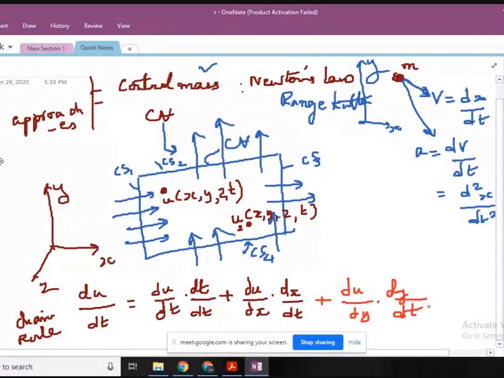I'll come to each of the terms. Here one is capital D, one is small letter d, and another one is dou. This is d and this is dou. Please note this, and this is called the total derivative.